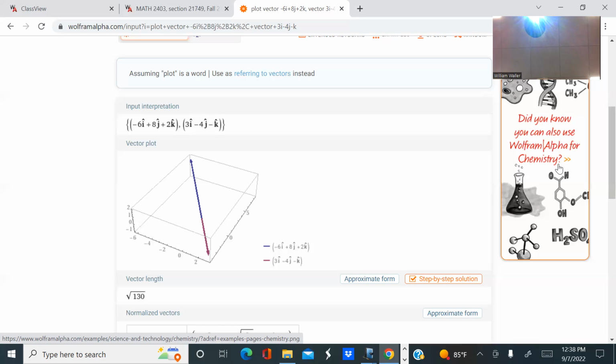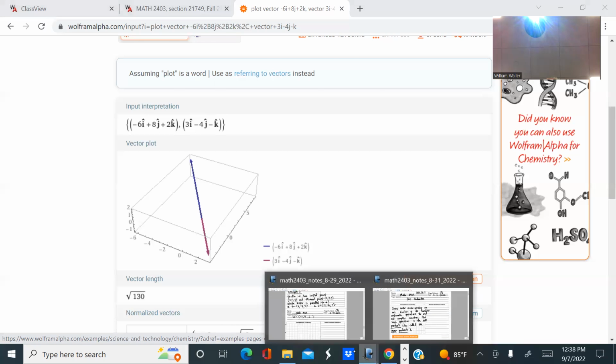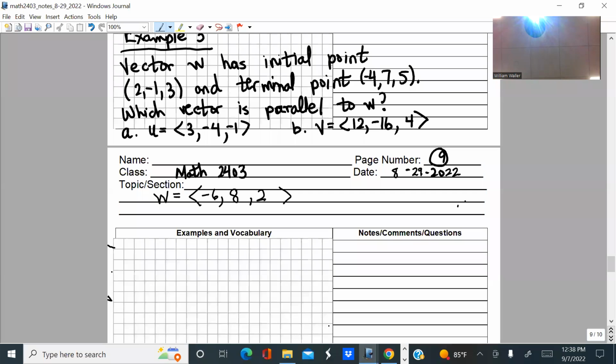But we don't have to depend on our eyesight, right? Because all we have to do is check to see if this vector and this vector are scalar multiples of one another. And I think they are, because if you take u and multiply it by what would give you w.